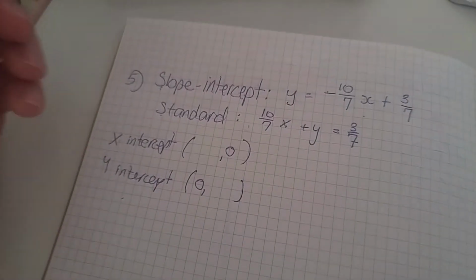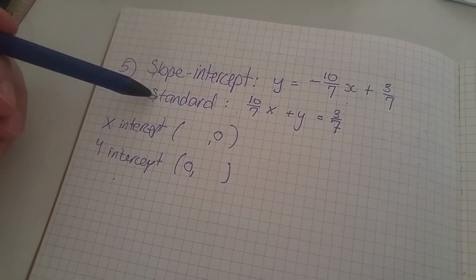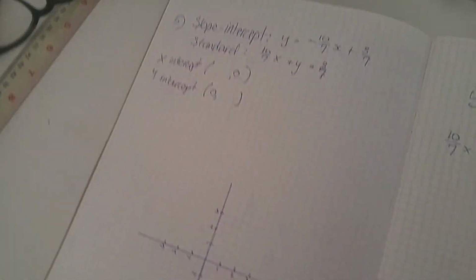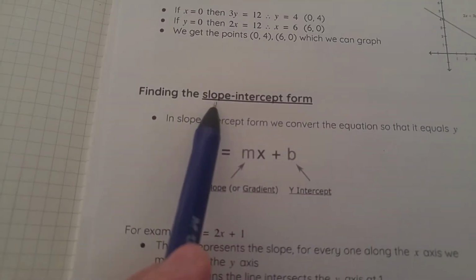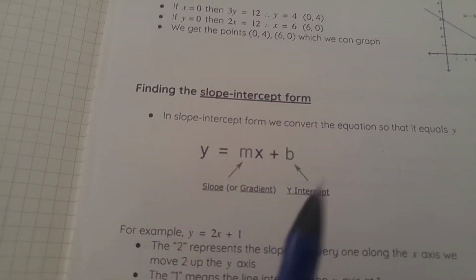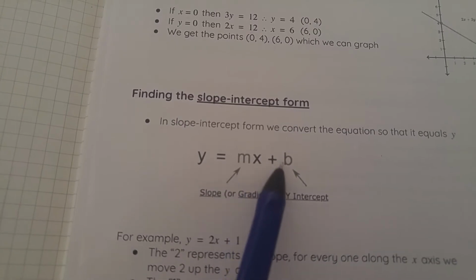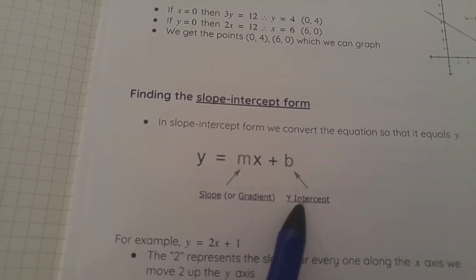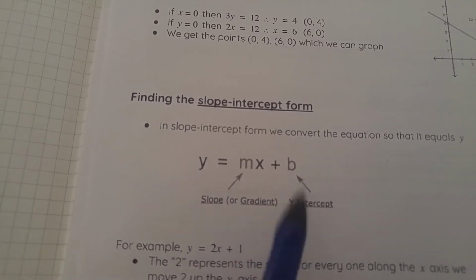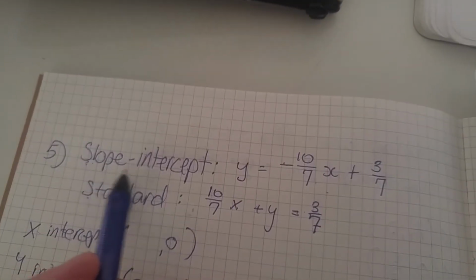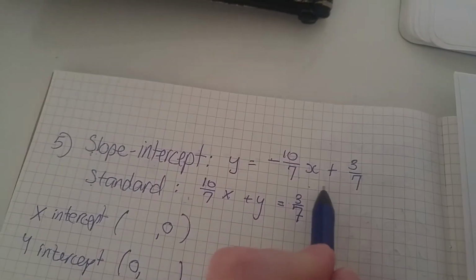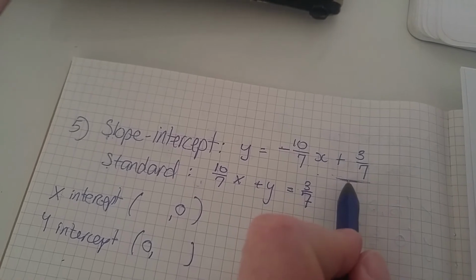Now, why we have these two is, if we look at our sheet, we're told that in the slope-intercept form, the plus constant is the y-intercept. So in this one, this here is the constant.